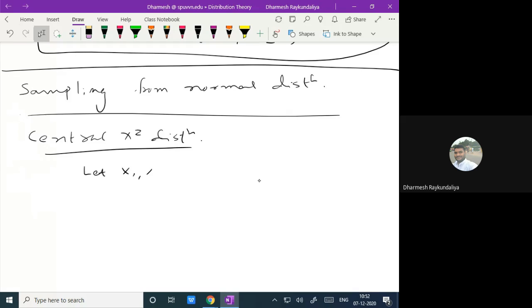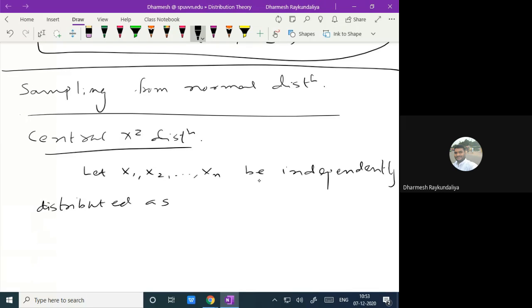Let X1, X2, ..., Xn be independently distributed as normal with mean mu_i and variance sigma_i squared, i running from 1 to n.